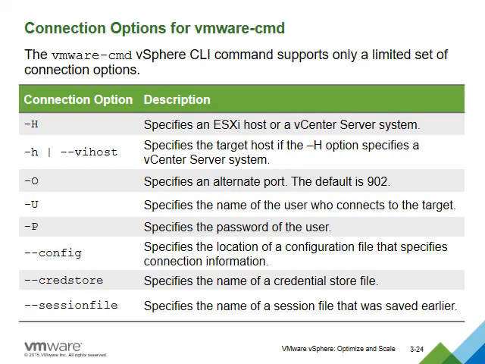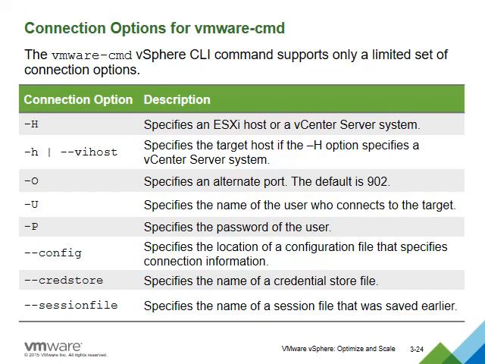In this slide, the connection options for the vmware-cmd, I want to make a note here that your other vSphere CLI connection options are not supported. An example is you cannot use variables because that option is not really available. Now, the connection options for your vmware-cmd are different from the connection options that are used for the vicfg commands.